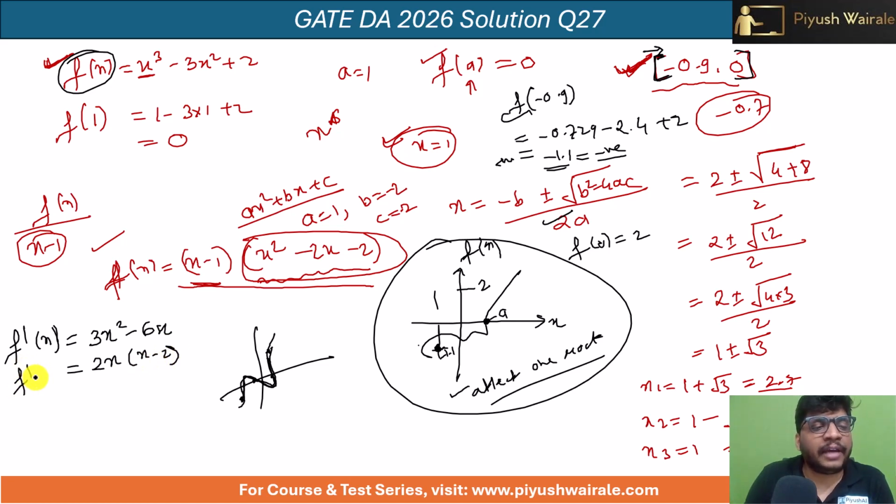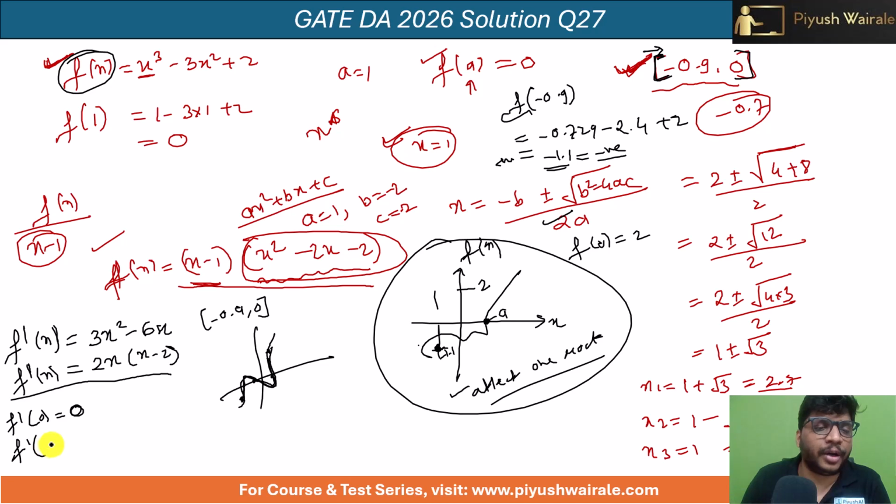Now what about this f dash of x? What can you observe from this? Now we have this particular range, minus 0.9 to 0. So if I put f dash of 0 here, what are we getting? A 0 value. If I put f dash of minus 0.9, this will be around minus.